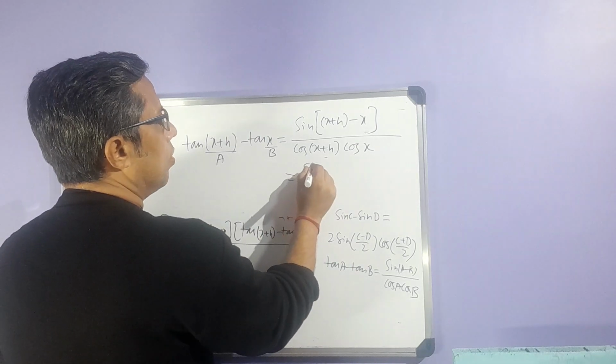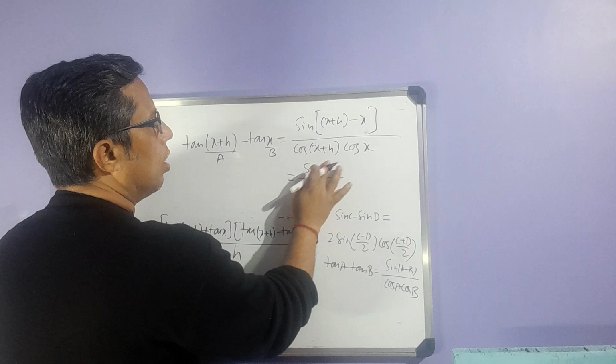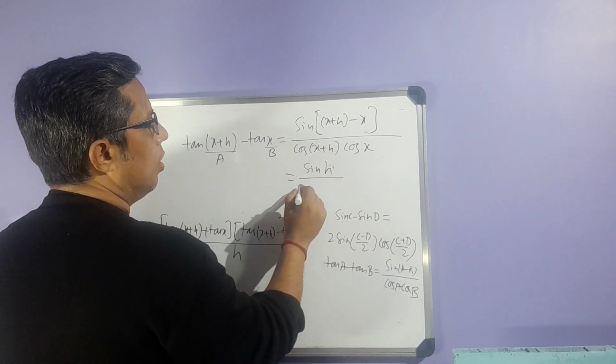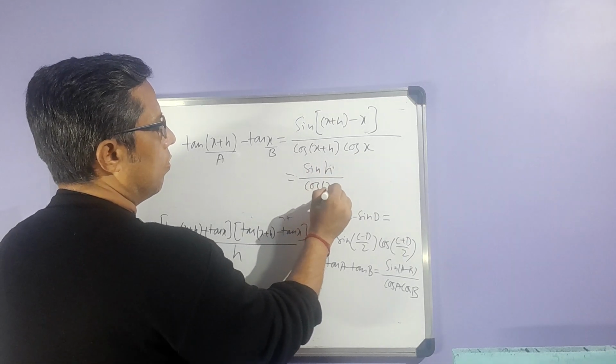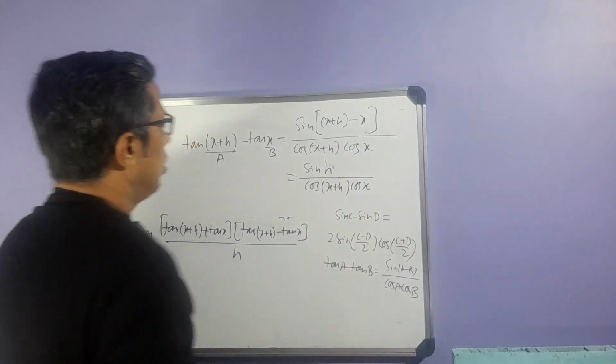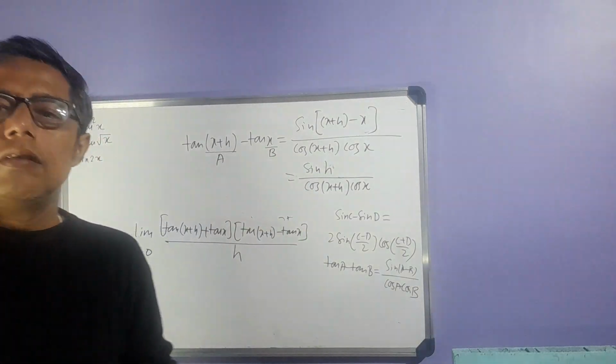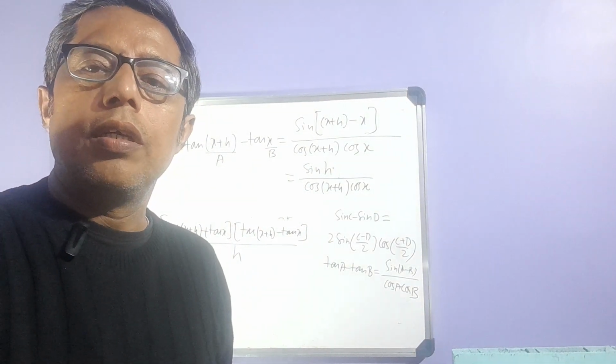So sine of h by cos of (x plus h) cos x. So we got this part. Clear?